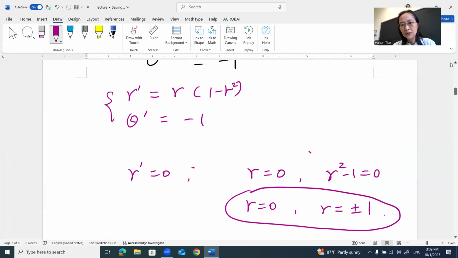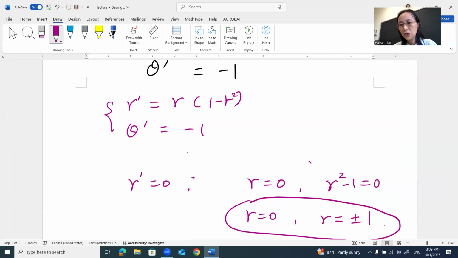But we know these are very special types of solutions. Imagine r is 0 in the polar coordinate form. That's a point, right? That's one point, a fixed point. When r is 1, that is a circle of radius 1. So we find some very special integral curves of this current system.